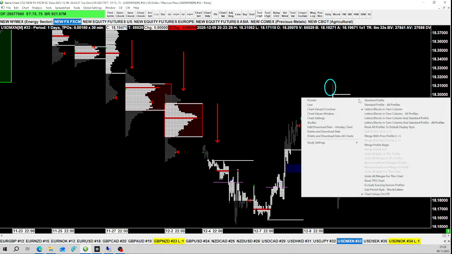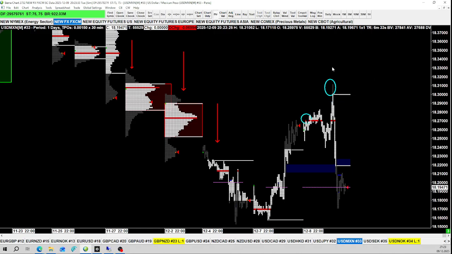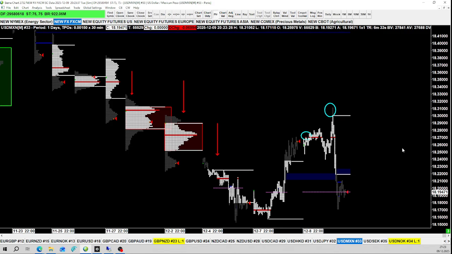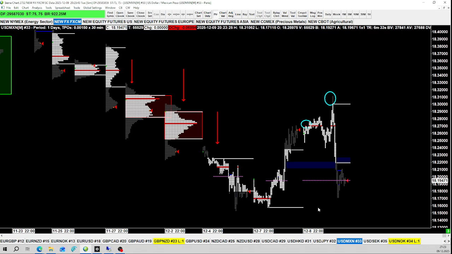Usually I have a runner as well, so my runner would be somewhere around a resistance level, maybe around here. So I guess at this stage I would be filled partially on those two targets if I had this trade, and the runner wouldn't be filled.